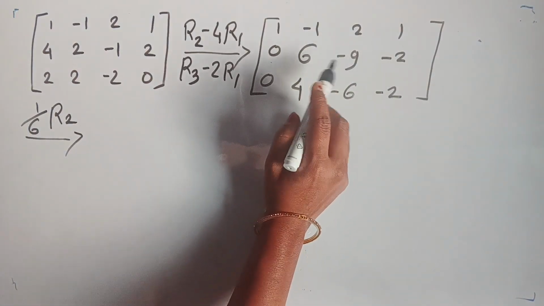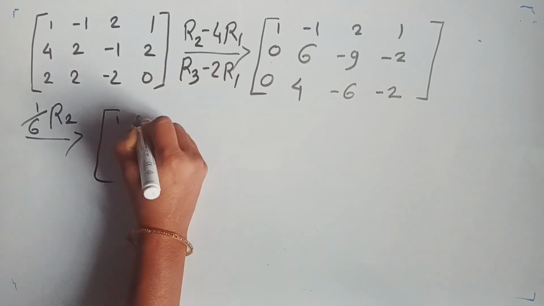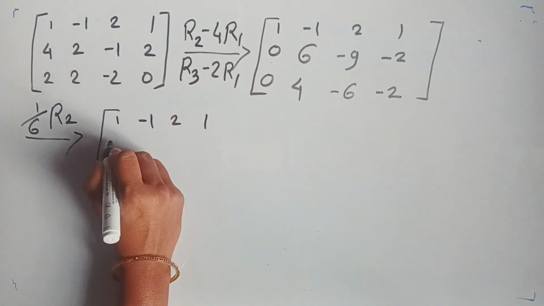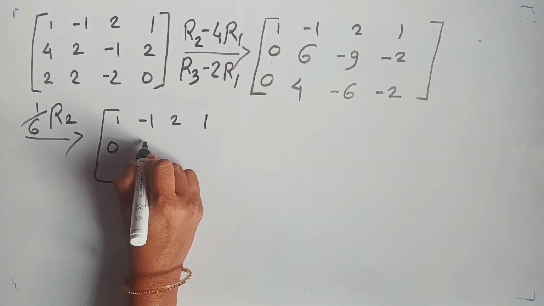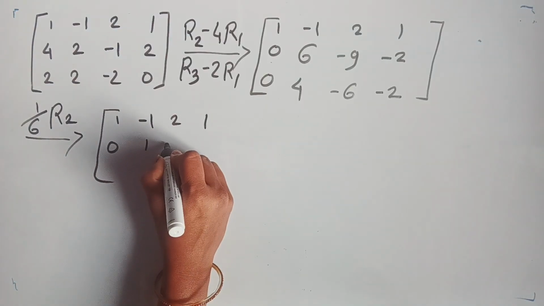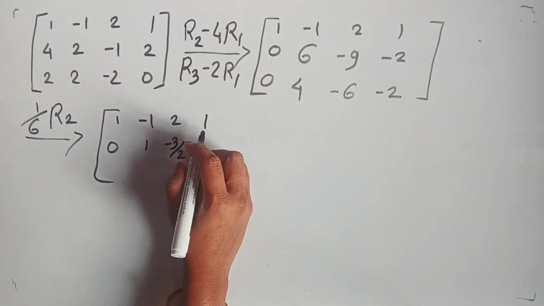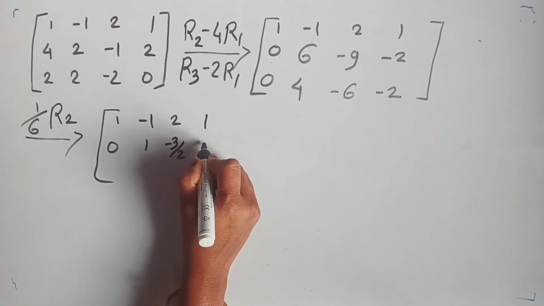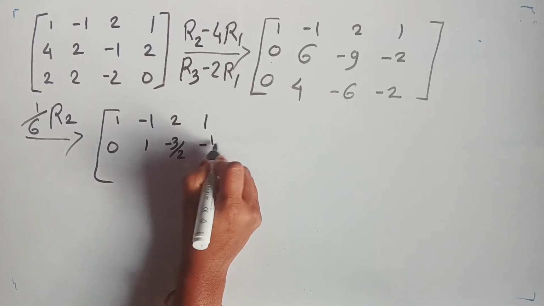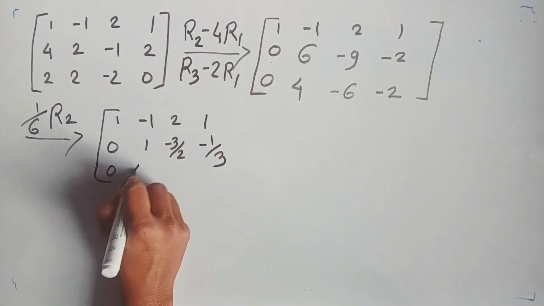So 1 by 6 R2 will give you 0 1 minus 3 by 2 minus 1 by 3, okay, and the last row is as it is.